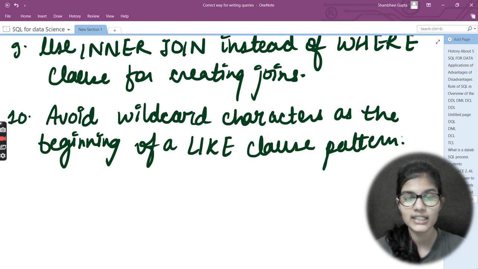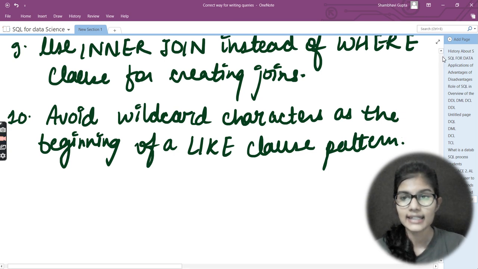In that case a full table scan is required to match the pattern, which consumes more database resources, right? So it is better to avoid the wildcard characters at the beginning of the pattern and only use them at the end if possible, right?